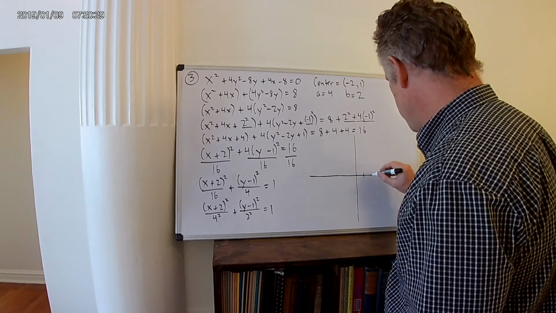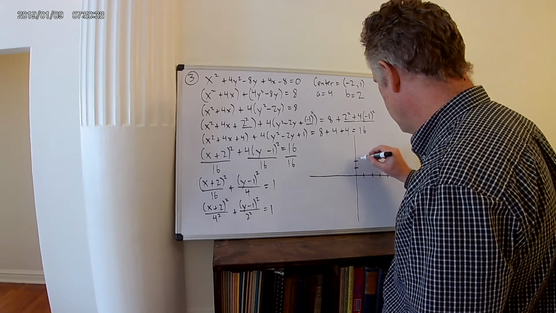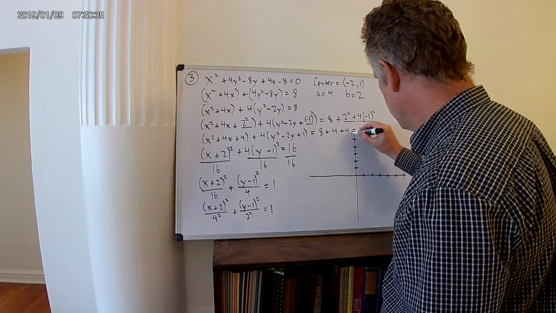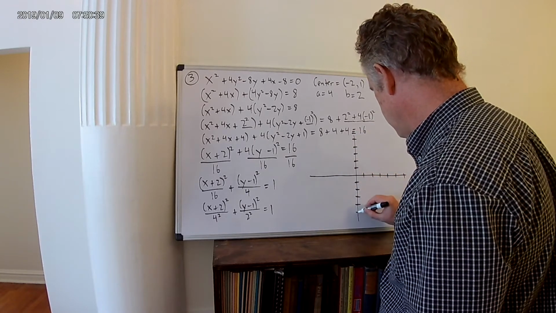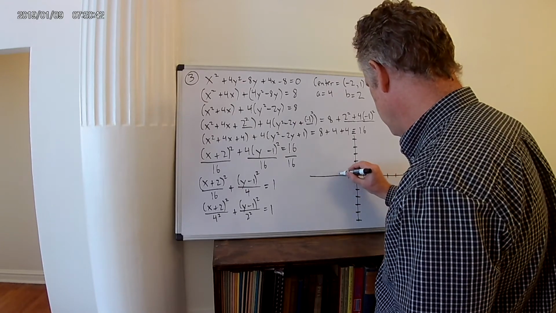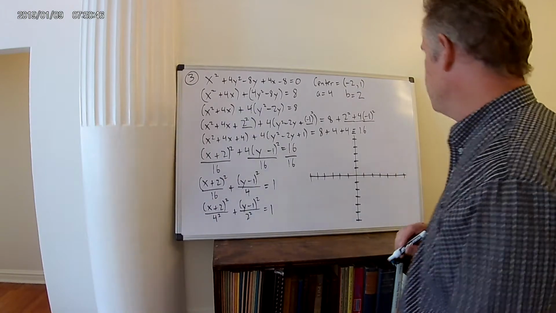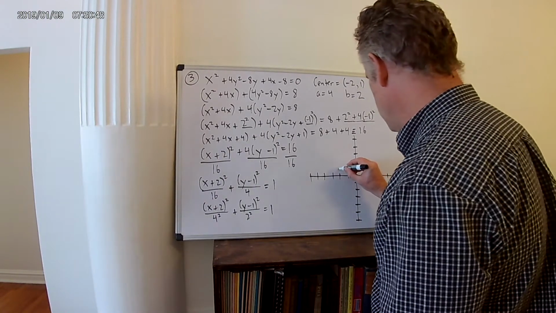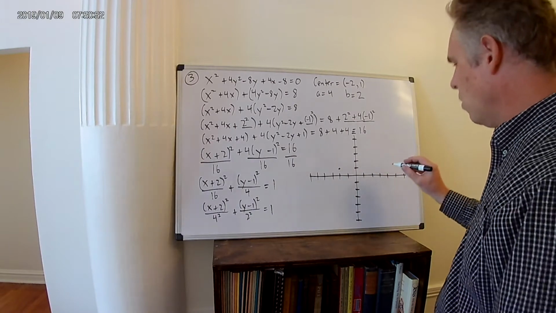Okay, we'll put some tick marks here. We can place our center here at minus 2, 1. This is where our center is. And then we're going to go 4 over horizontally.